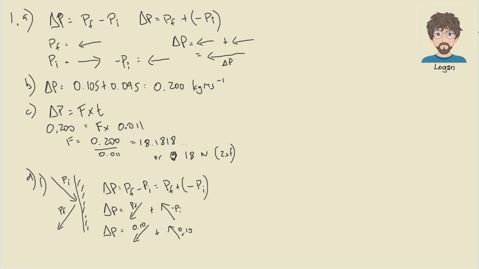We don't have to do the addition completely. We've just been asked to draw a labeled vector diagram to show the direction of the change in momentum. So delta P, we go this one, this one, oops, sorry, that was P final. This is negative PI, also 0.1, and therefore this one is delta P.